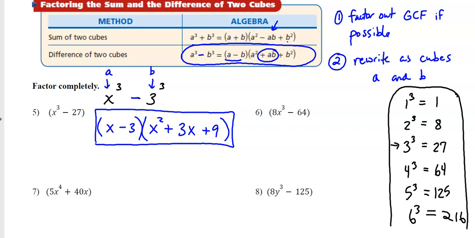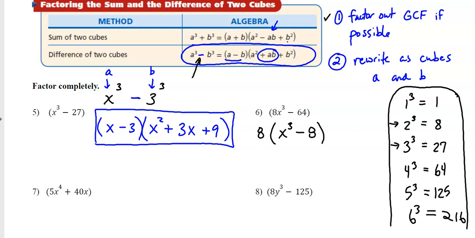All right, let's give the next one a shot. Well, on the next one, I can do step 1 here. I can pull an 8 out. So I'm going to yank an 8 out of there first. And I'm going to get x to the third minus 8. And it's looking like it's going to be a difference one again. So it's going to be this same type of idea. And 8, I notice, can be written as 2 to the third.